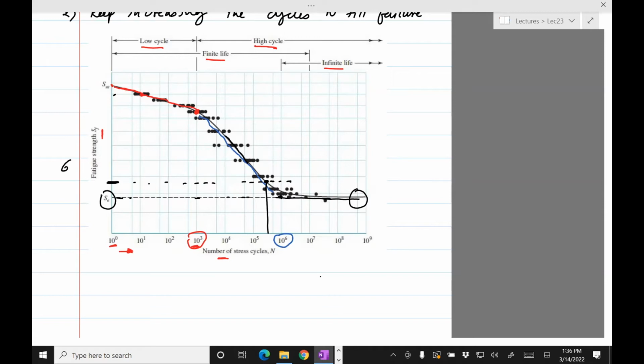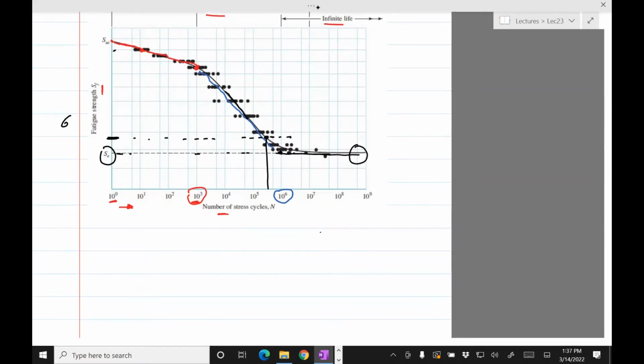That's a very high number of cycles. But if you take a train, maybe it will be 100 cycles per second. It goes much, much slower. So it's just a unit of time. It's actually 1 divided by time is cycles. Hertz as the unit.